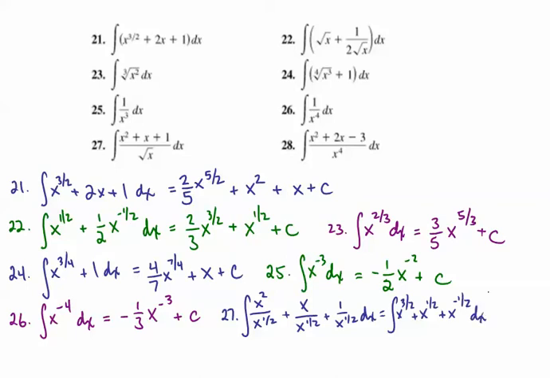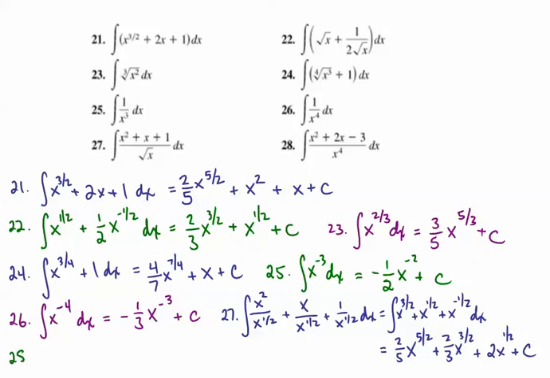And so this is all going to come out to be x to the 5/2 over 5/2, or 2/5 x to the 5/2 plus x to the 3/2 over 3/2, or 2/3 x to the 3/2, then x to the 1/2 divided by 1/2, or 2x to the 1/2, then plus c.